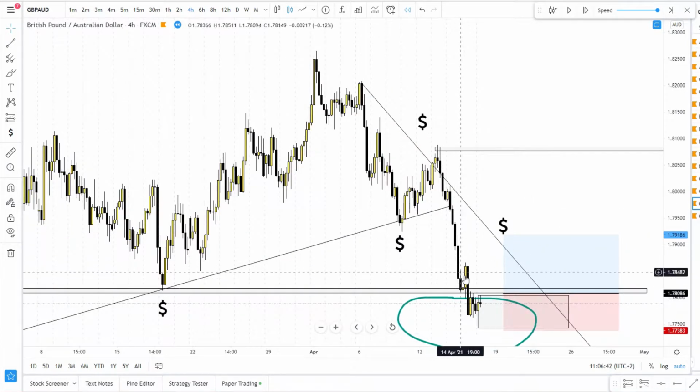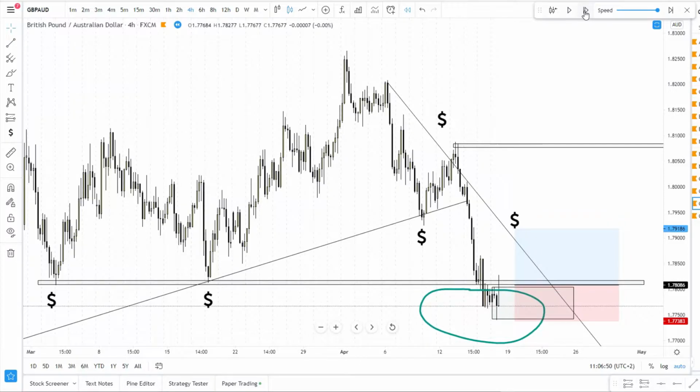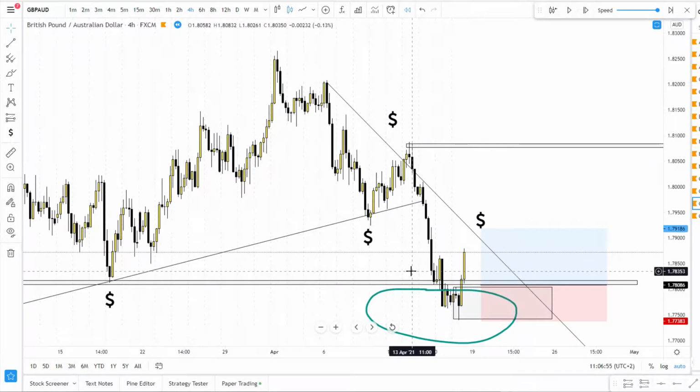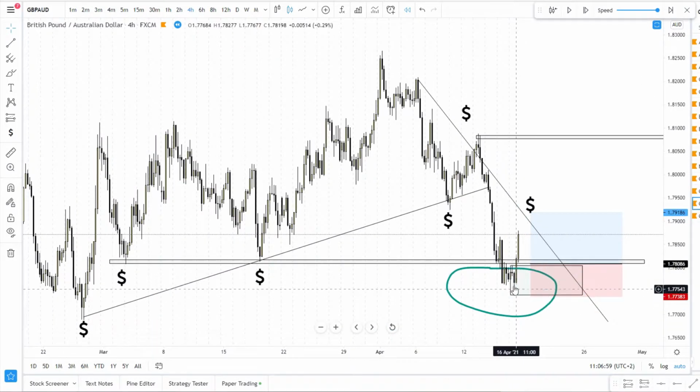If it moves up and breaks this last high, then I'm interested in trading it. So what happened? We have one candle, it went down and then up. At this point I was interested because I see what we did. We just go down, take these stop losses, and make it seem like we will be going down.